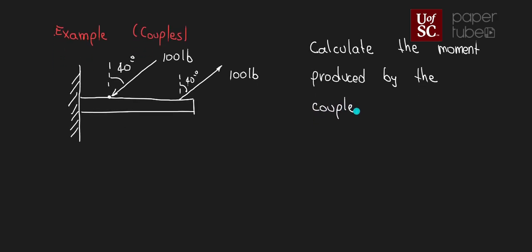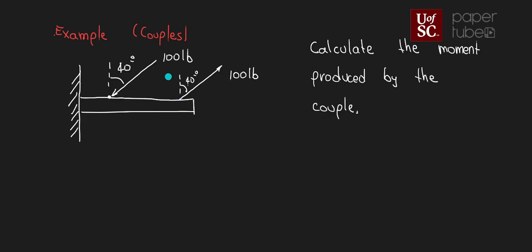And to be able to do that, as we saw in the previous video, I was talking about the perpendicular distance between the forces, and we can calculate this distance over here. But I'm gonna show you a different way in which we can do that.